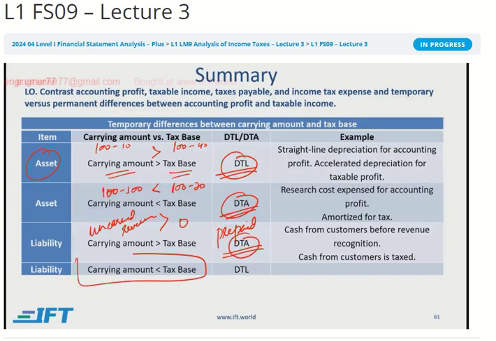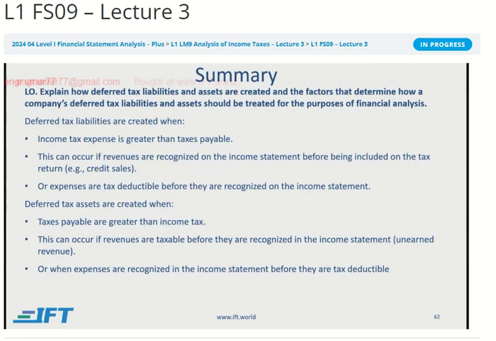And if the carrying amount is less than the tax base for a liability, then what you have is a DTL. Right. And DTLs are created when tax paid is less than your financial reporting tax expense, right? And this could happen because of unearned revenue and credit sales.